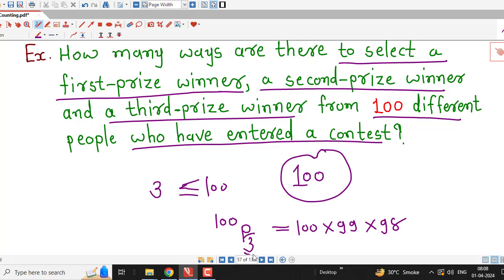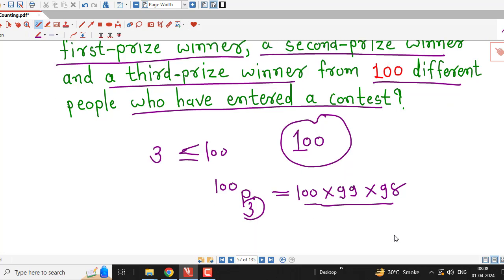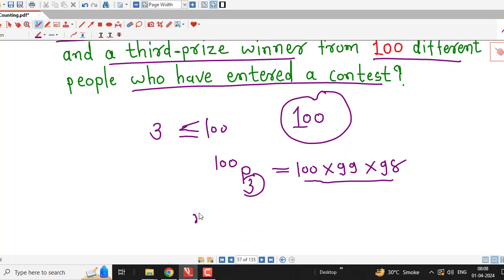If I have 3 here, I will take care that I have 3 terms in the product. If you recall the formula of nPr, I have r terms in the product: n, n minus 1, n minus 2, up to n minus (r minus 1).